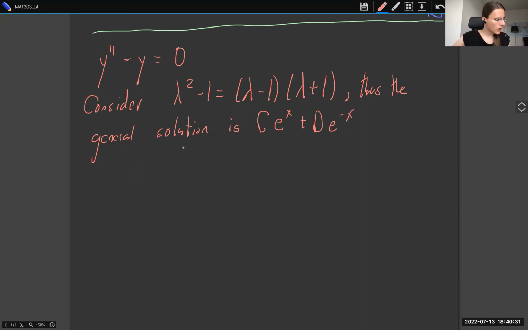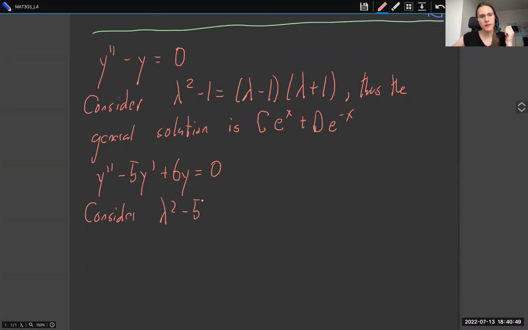Cool. So let's consider y'' minus 5y' plus 6y is equal to 0. So we're going to consider lambda squared minus 5 lambda plus 6. And this is something that can be factored by inspection again. You don't need the quadratic formula.